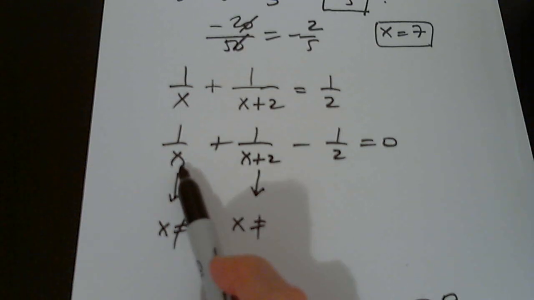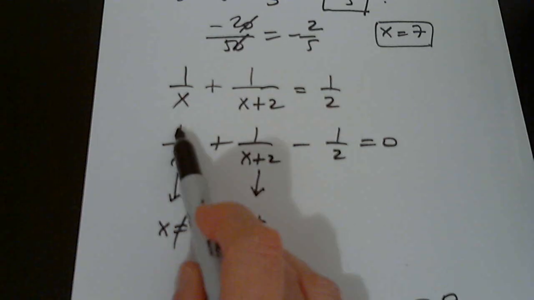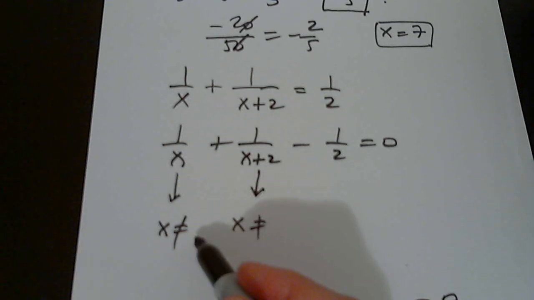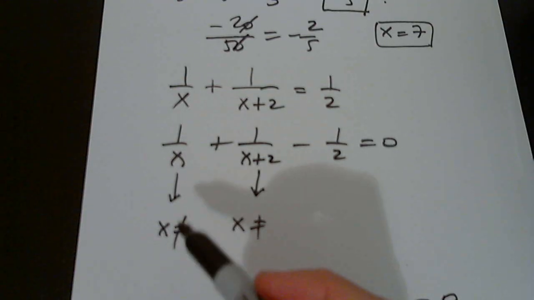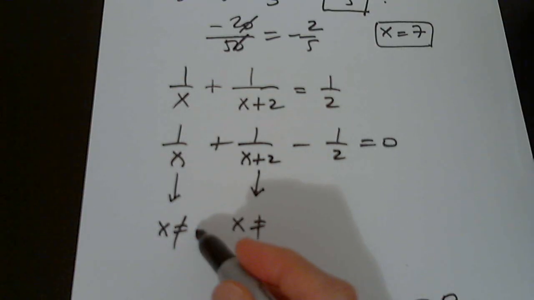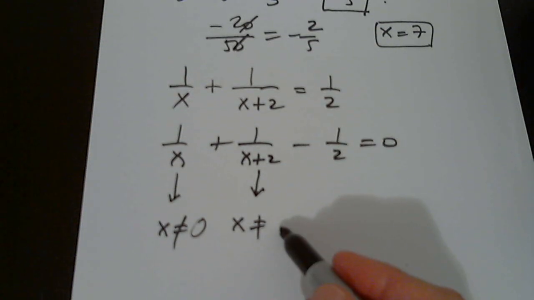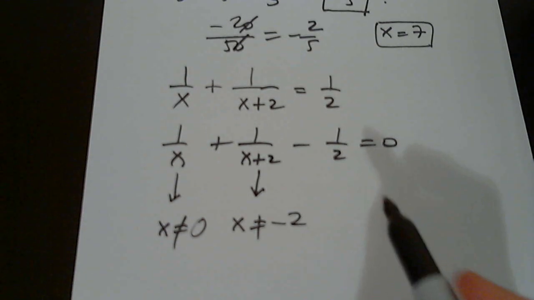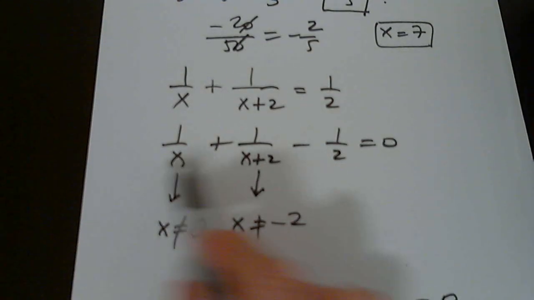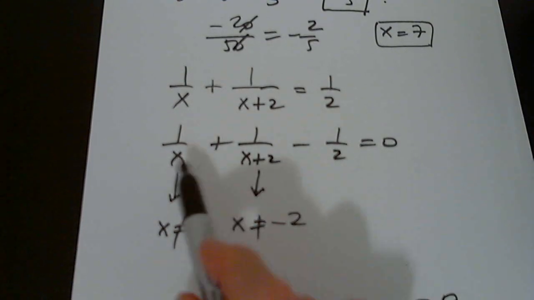What is the number that I can never replace x by? 0. Of course. What about here? -2. Awesome. Good. Now I see 3 denominators.